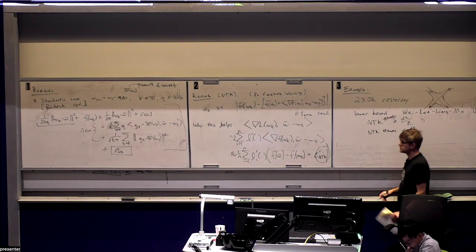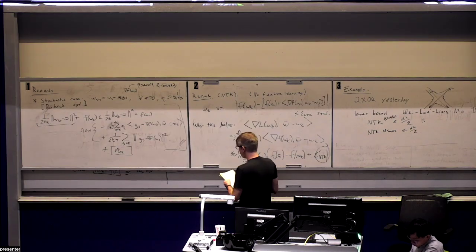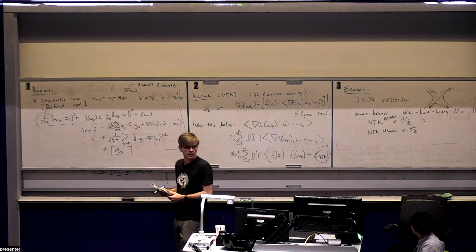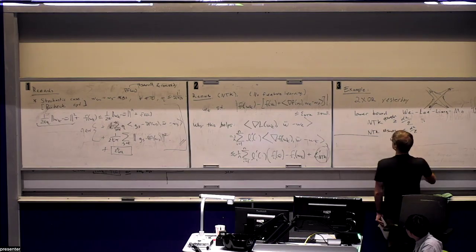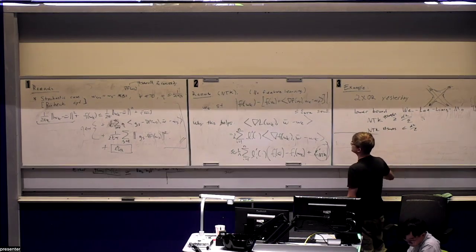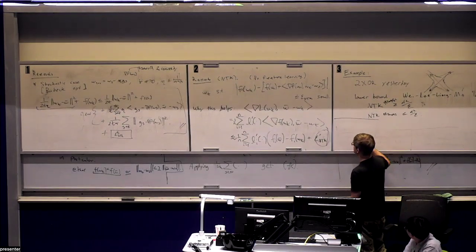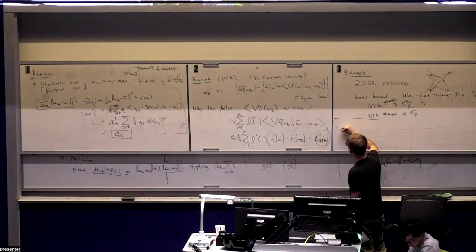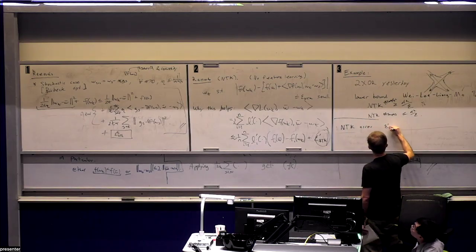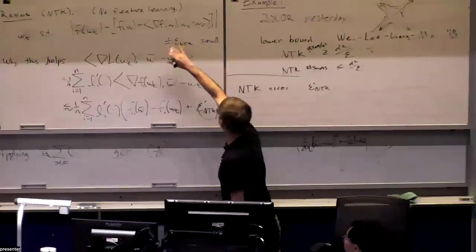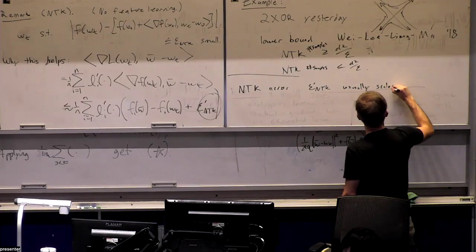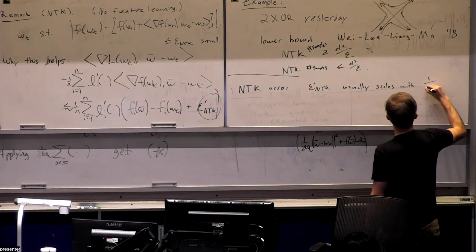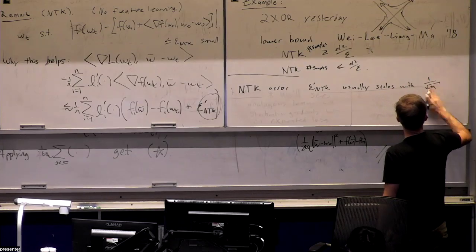Okay, so that's comment number 1 about the NTK. The only other thing I want to say about the NTK is a bit of the NTK mantra. I feel like I'm contractually obligated to say this. The NTK error, which I called epsilon NTK, this Taylor error, usually scales with 1 over the width of the network.